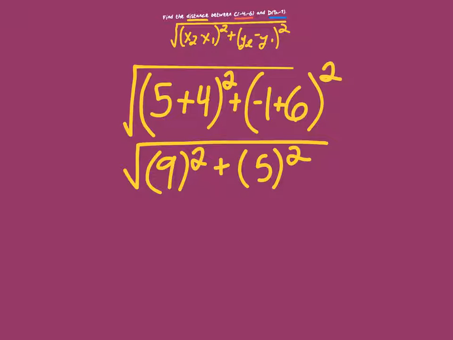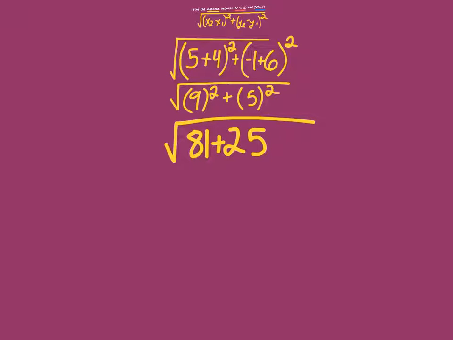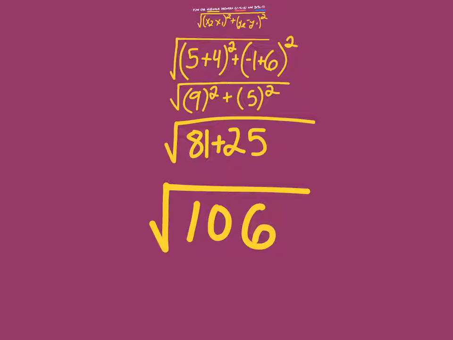Now we just need to continue solving. The square root, 9 squared is 81 plus 25. 81 plus 25 is the square root of 106. And that is not a perfect square root, so you can leave it like that.